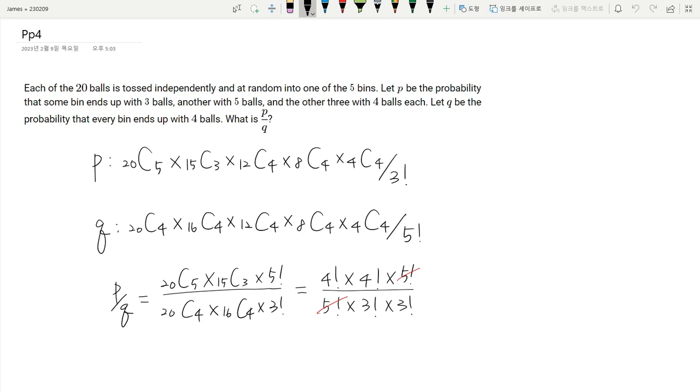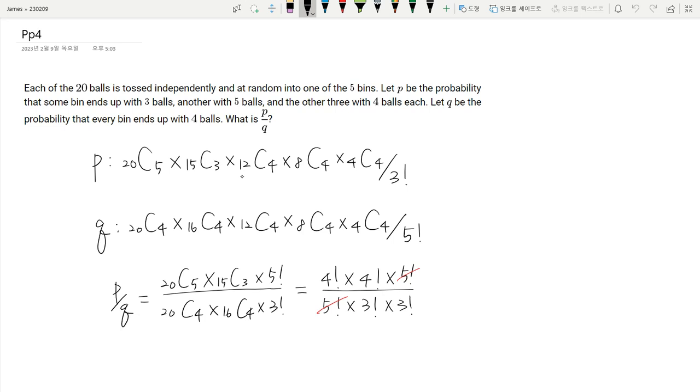And in the case of Q, all the bins have 4 balls, so we need to divide this combination by 5 factorial. So we don't have to think of the 3 bins containing 4 balls. If we compare only the 5-ball and 3-ball bins and the two 4-ball bins from Q, we make this 3 factorial and 5 factorial reciprocally.